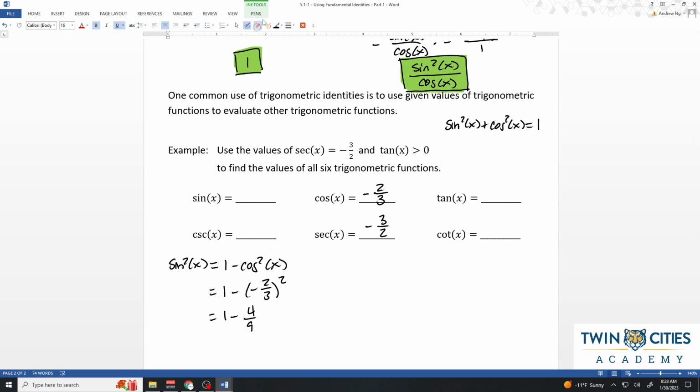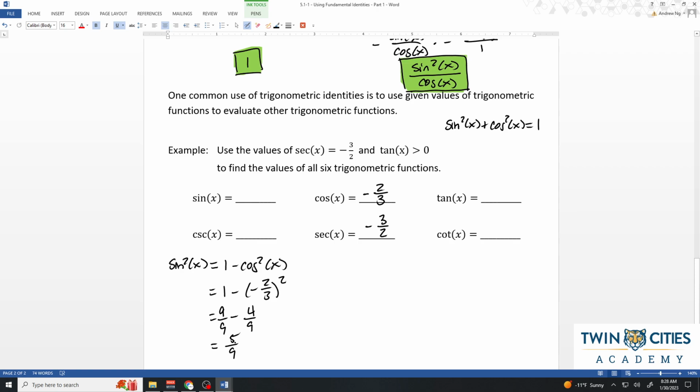All right, then 1 is the same as something over itself. Since this denominator is 9, I can change this 1 to be 9 over 9. That means that sine squared is 5/9.